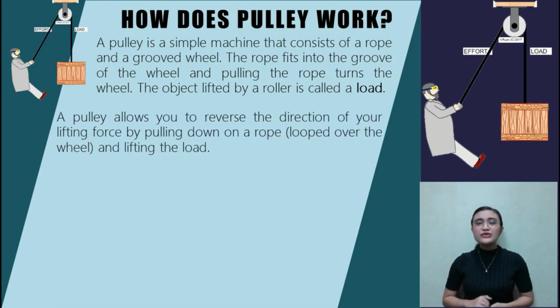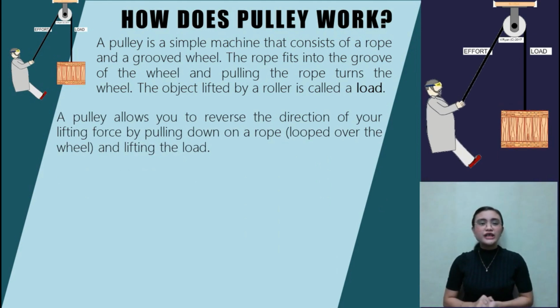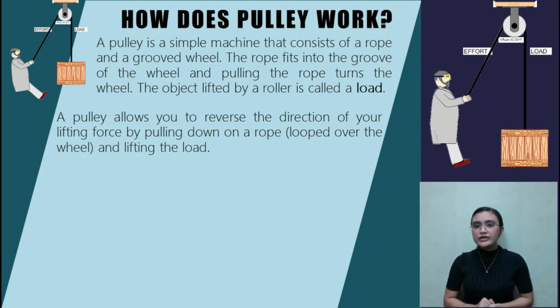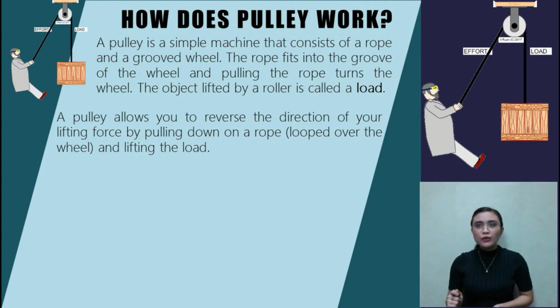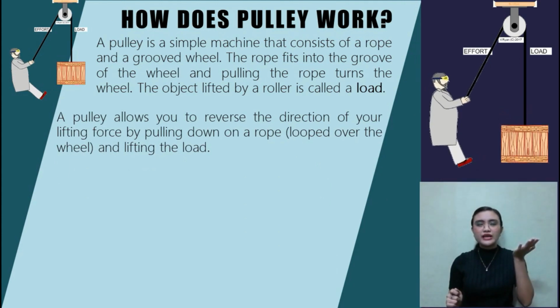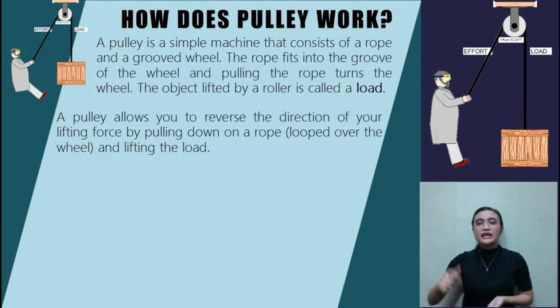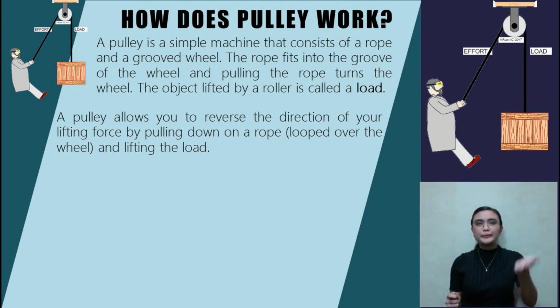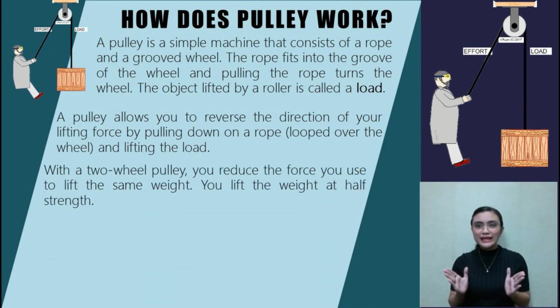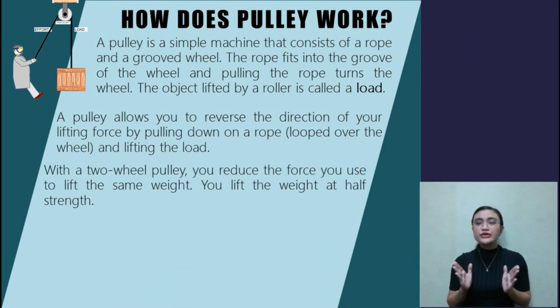A pulley allows you to reverse the direction of your lifting force by pulling down the rope while lifting the load on the other side. So it is reversed: you pull it down and on the other side the load goes up. With a two-wheel pulley, you reduce the force you use to lift the same amount of load.